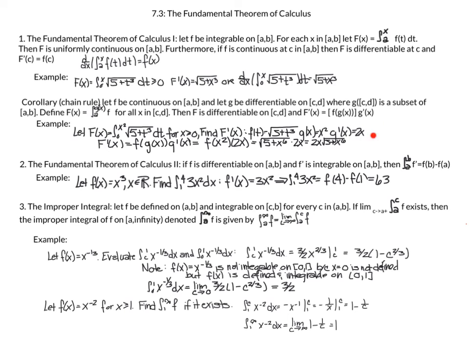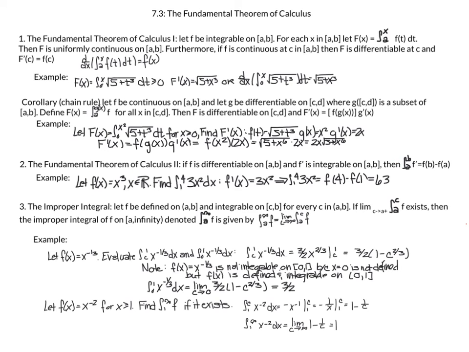And we did this example over here. We had the Fundamental Theorem of Calculus Part 2. If f is differentiable on [a, b] and f prime is integrable on [a, b], then the integral from a to b of f prime is equal to f of b minus f of a. And we had a few examples, including this one here.